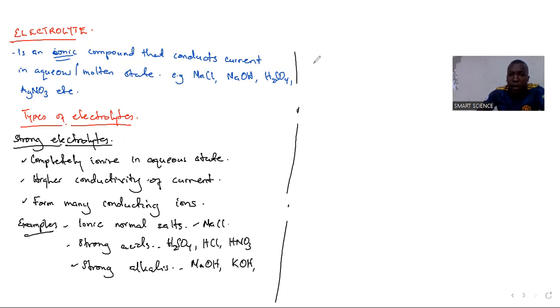The other type is weak electrolytes. These ones partially ionize in aqueous state.